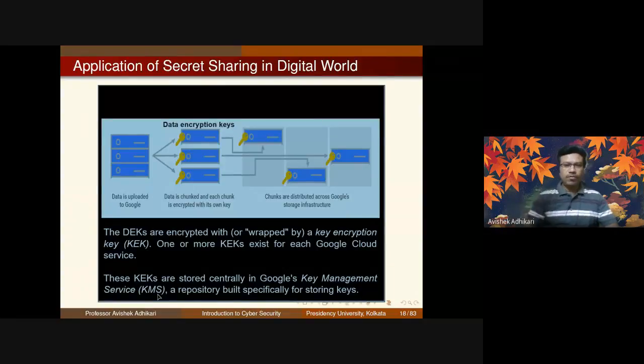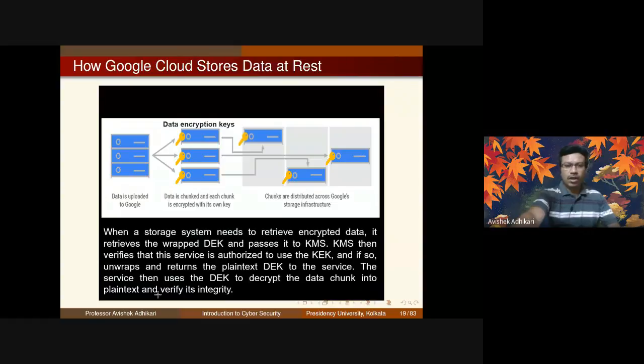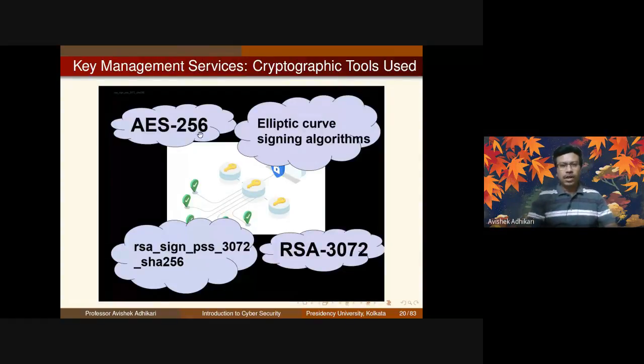If you want to look into more details, you can go to the Google web page and you will find all the details. While doing so, Google uses primitives, for example, AES 256. This is an example of a symmetric key, and this is an example of a block cipher. It's very famous.